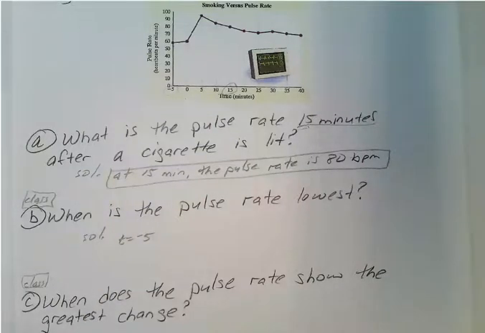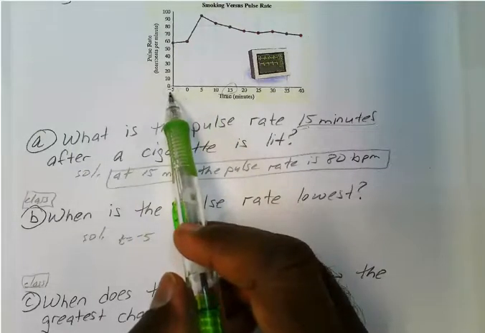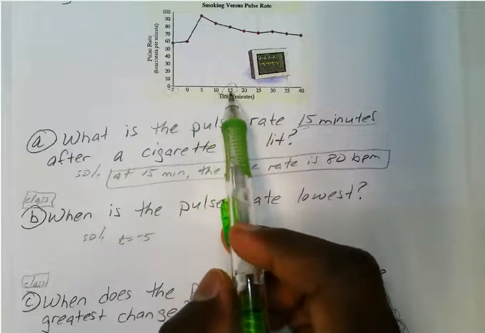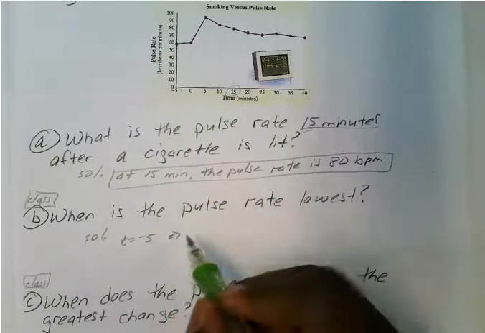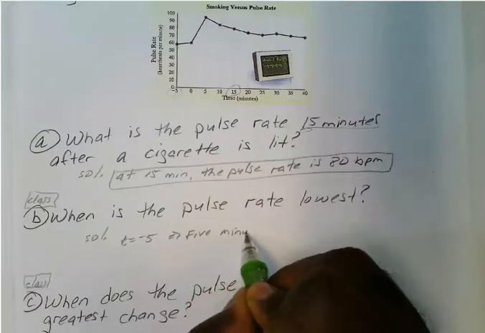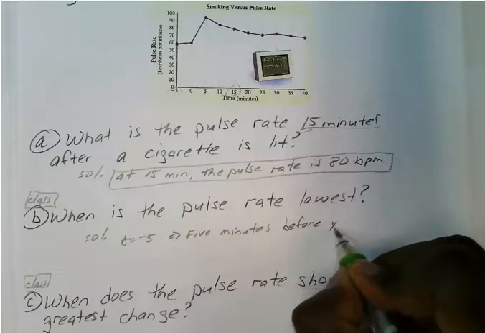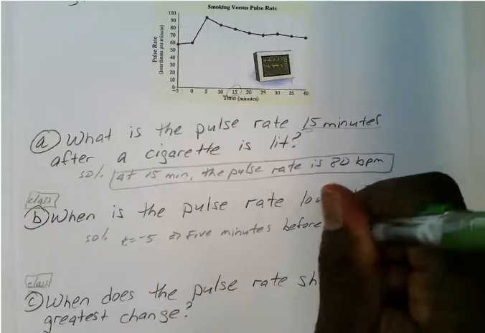That means 5 minutes before you light a cigarette. So this is 5 minutes before you light a cigarette. This is when you light the cigarette. This is 5 minutes after, 10 after, 15 after, 20 after. Okay, so that means 5 minutes before lighting a cigarette.